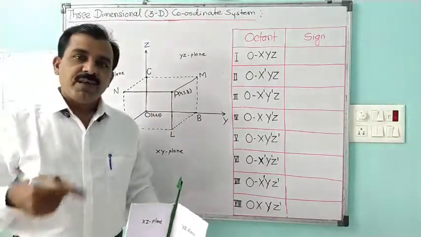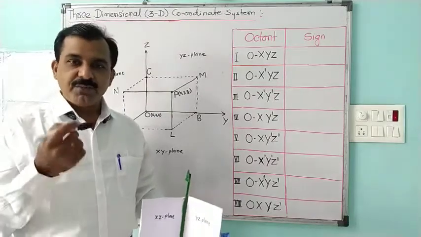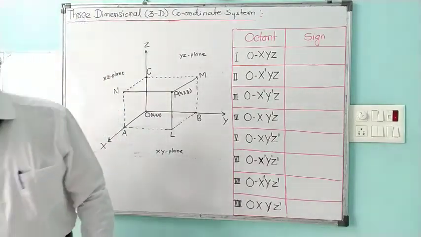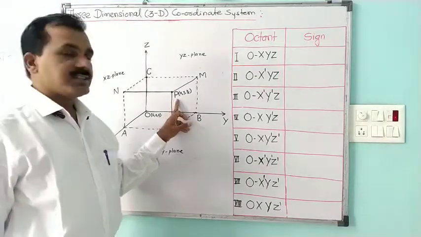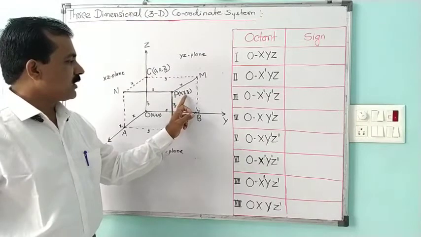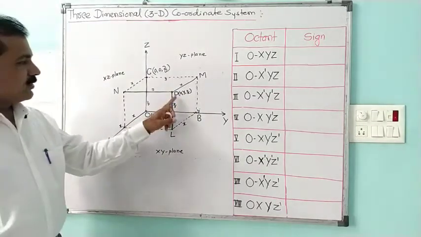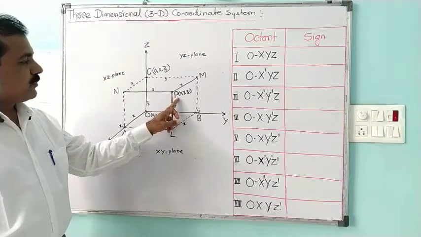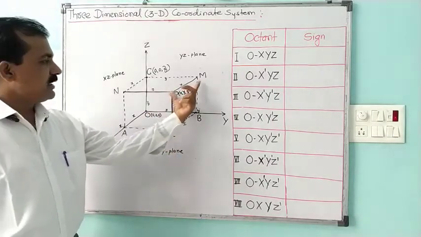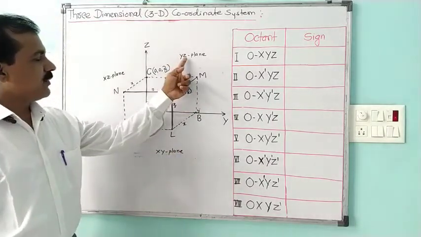Vice versa, when the coordinates of point P are given to us, that point lies in space with coordinates x, y, z, then we draw perpendiculars from P on the three planes. The first perpendicular we see is PM on this yz plane.